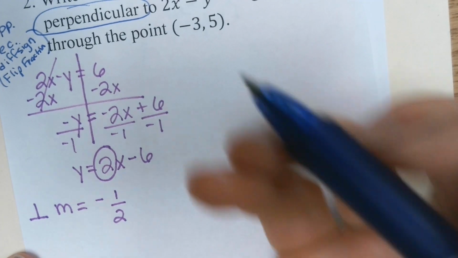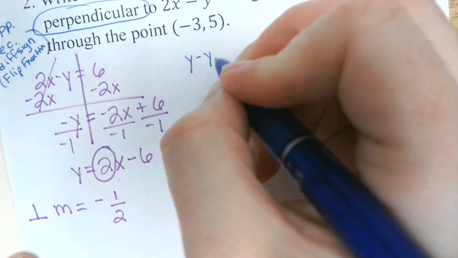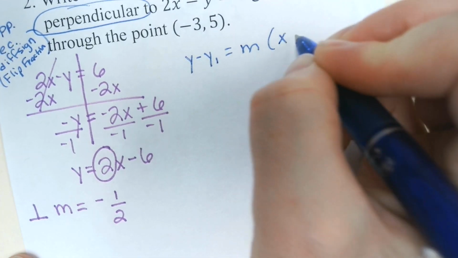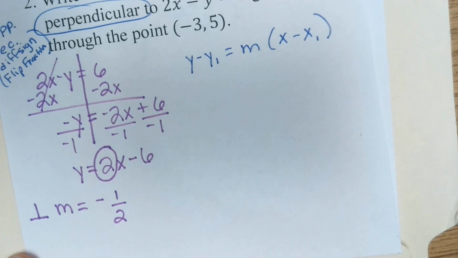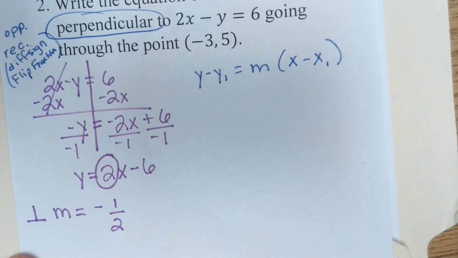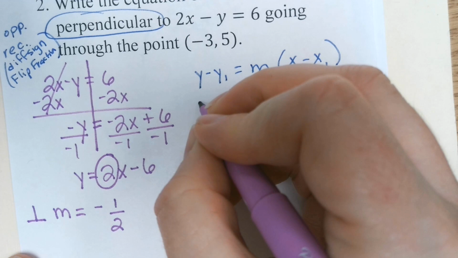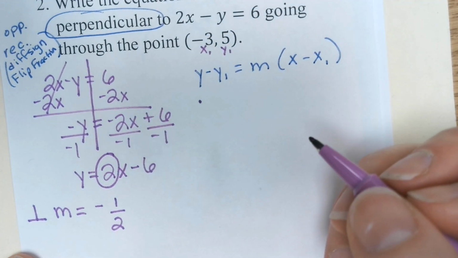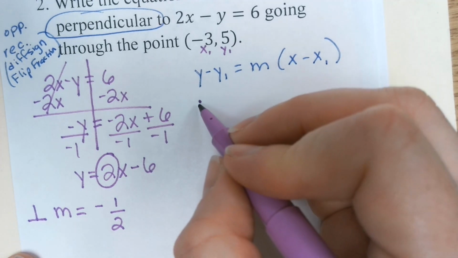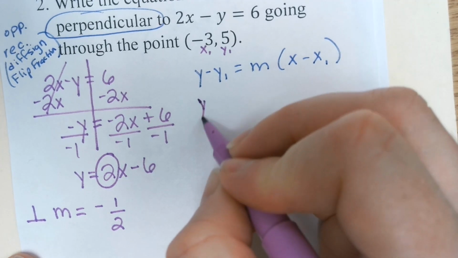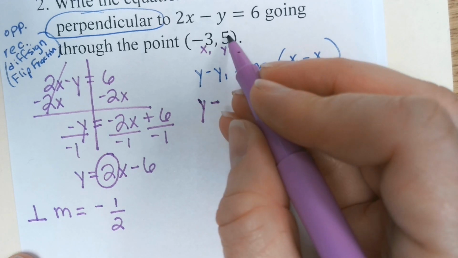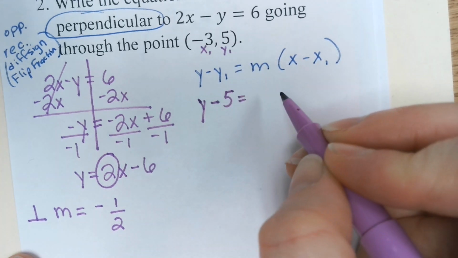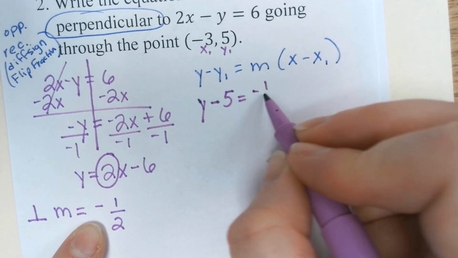So now we have to do the y minus y1 equals m times x minus x1. So let's plug in the numbers. Oh, I need to label them, right? x1, y1. So let's plug in: y minus y1 is 5. m is negative 1 over 2.